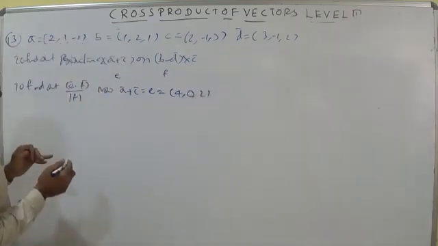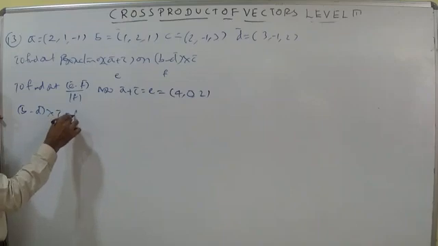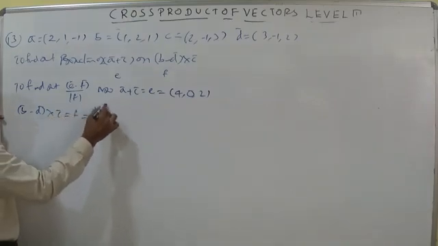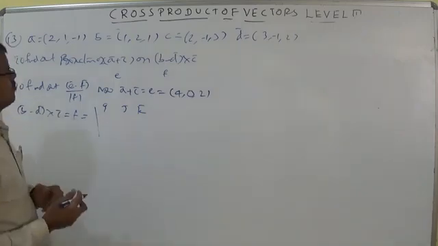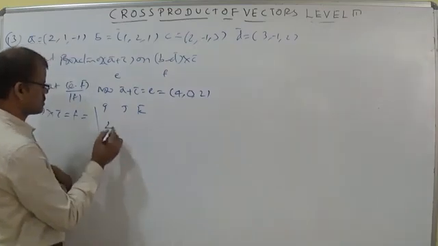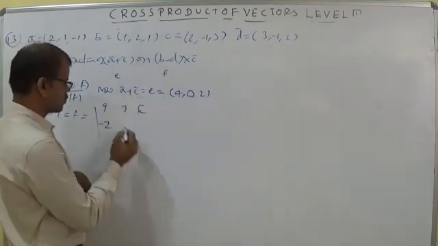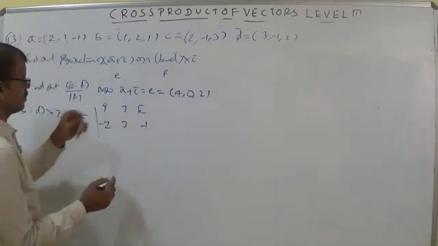Next, B minus D cross C. Now I am writing here B minus D cross C. We put the name as F. Let us write here, this is i j k. B minus D: 1 minus 3 becomes minus 2, and 2 plus 1 becomes 3, 1 minus 2 is minus 1. What is the value of C?